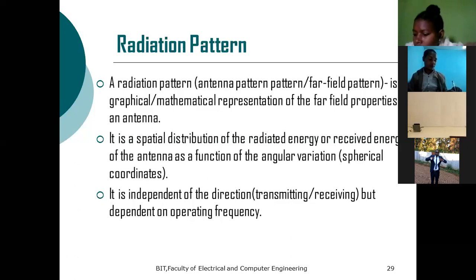What it looks like, what the radiation looks like at the far field, at some point X far from the source, the radiator or antenna. It is a spatial distribution of the radiated or received energy of the antenna as a function of angular variation, represented in a spherical coordinate system.